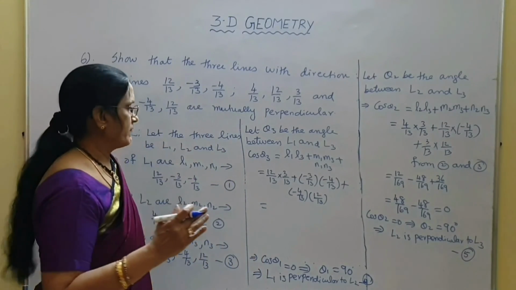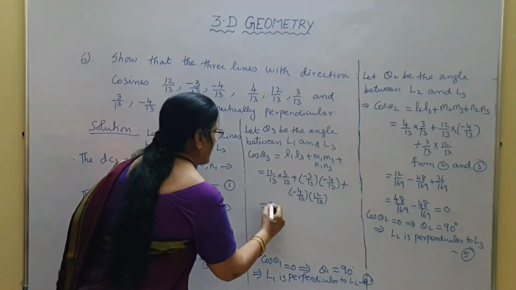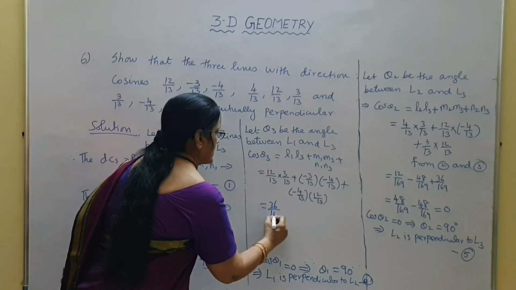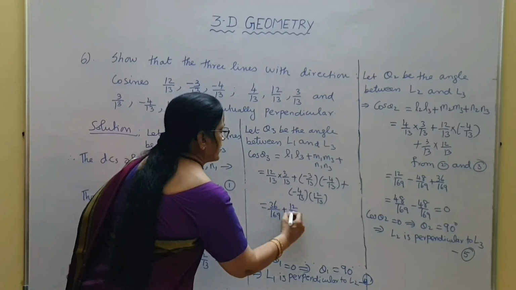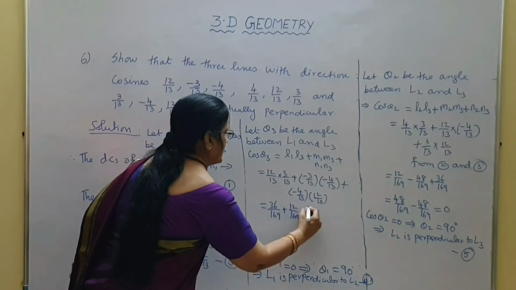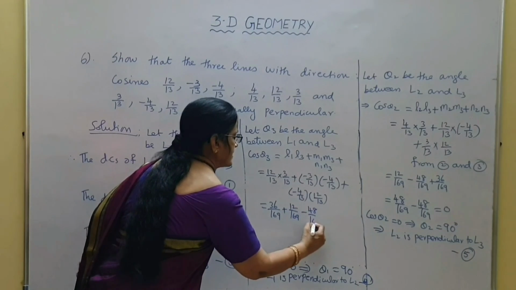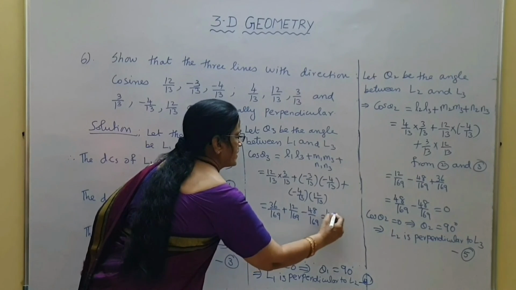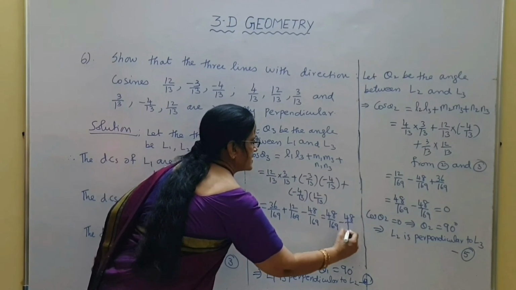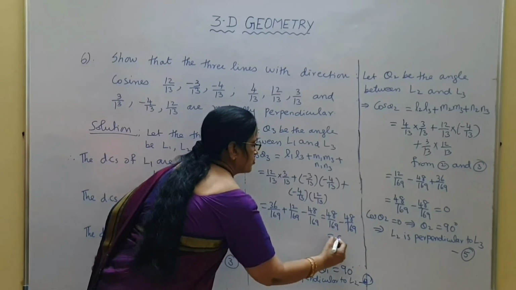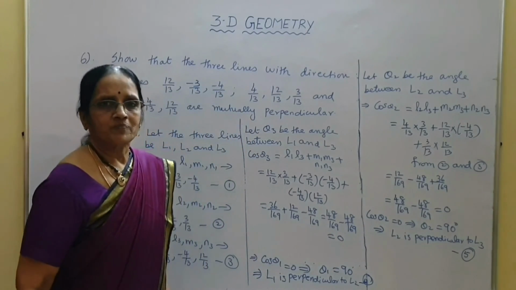When we simplify, we will be getting 36 by 169 plus 12 by 169 minus 48 by 169, which is 48 by 169 minus 48 by 169 will get cancelled. You will be getting it as 0.